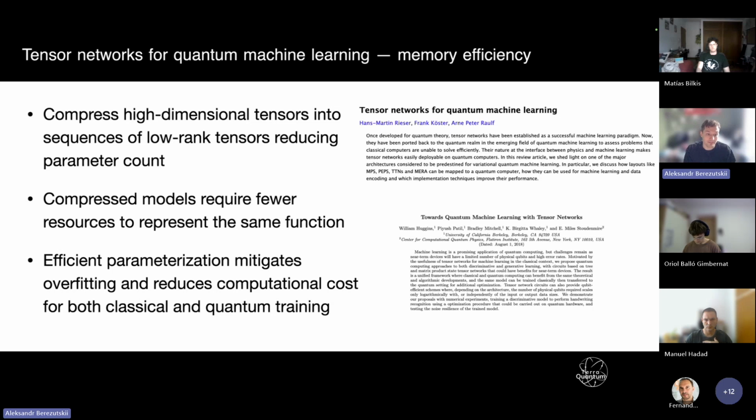One of the things was, of course, this memory efficiency, this compressing part. And it's not surprising that these models that were suited for compressing the quantum state can now do this in QML, in a sense.